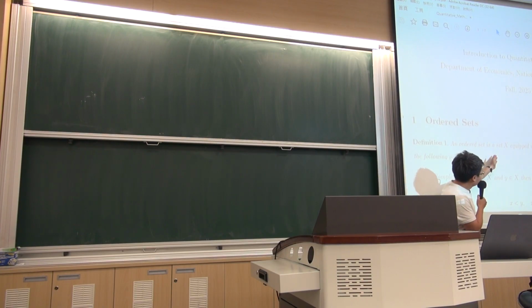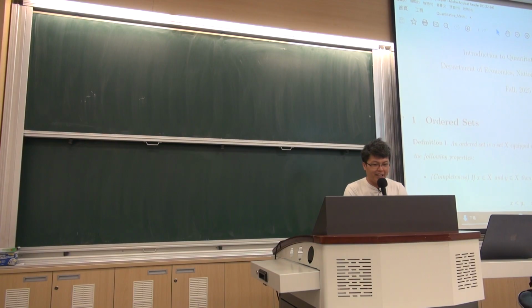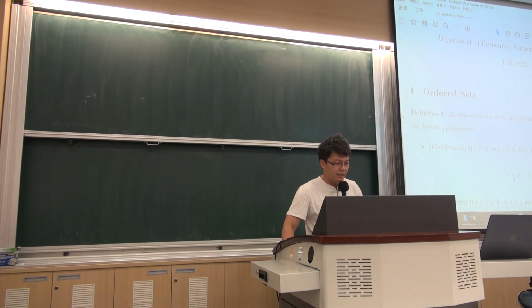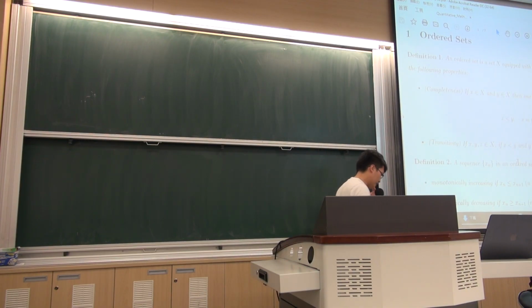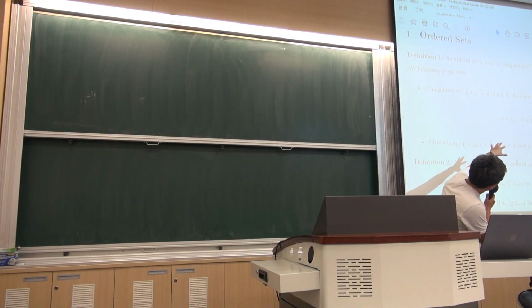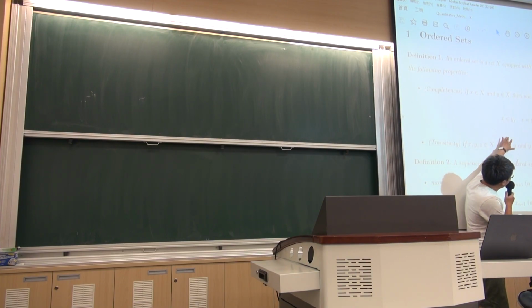So this is a set X with the relation less than. And this order satisfies the following property. If we have 2 elements from the set X, then one and only one of the statements will be true among the 3 statements.